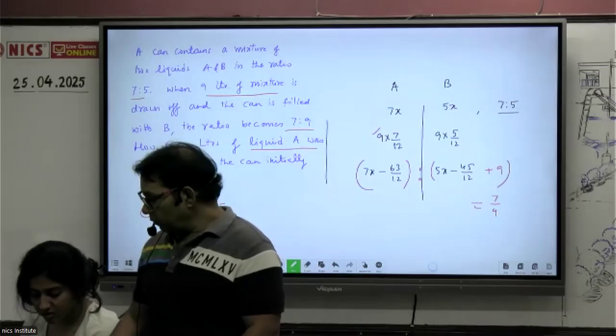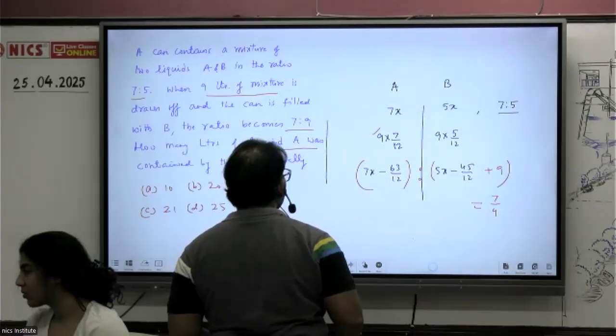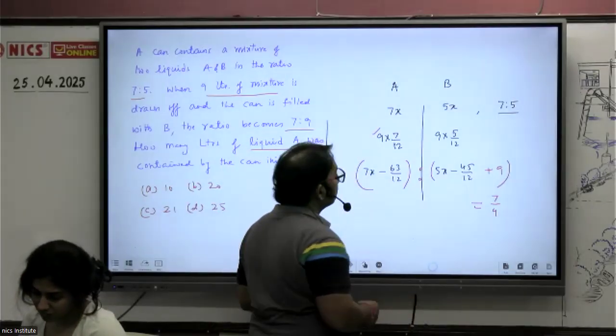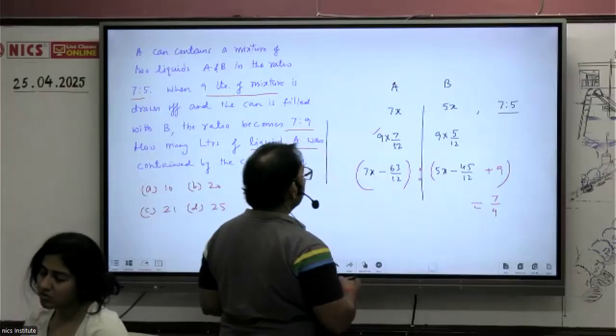You take out 9 and you fill this with 9 liter of liquid B, filling the container. Then you find the ratio.